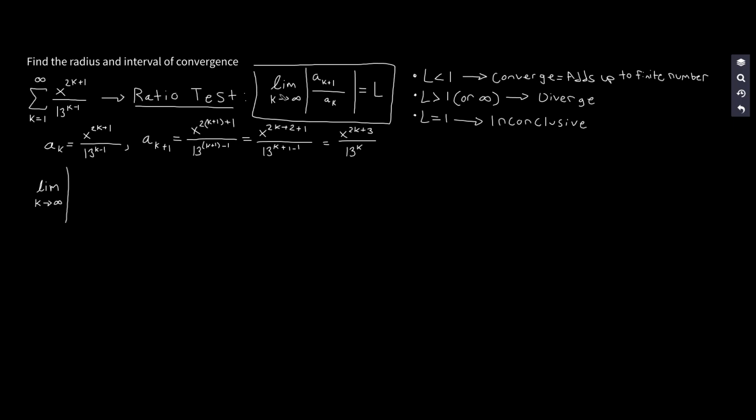Up top, we're going to have a sub k plus 1. And then on the bottom, we're going to have just a sub k. And of course, this is a complex fraction, so we'll have to reciprocate.